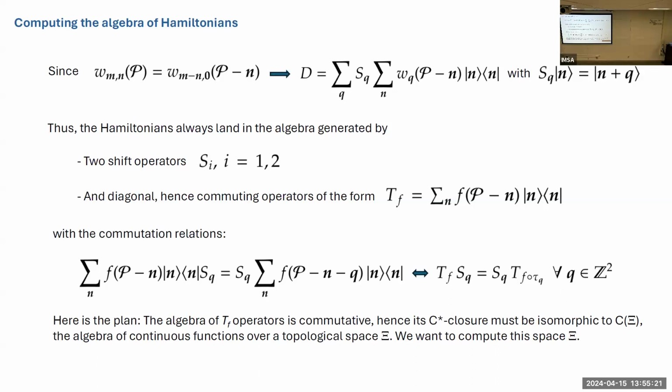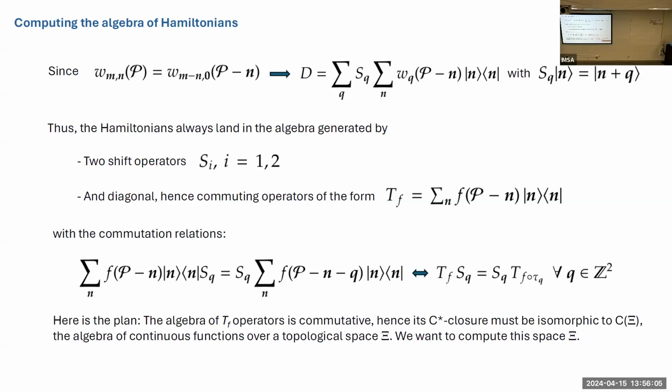So not only did we find the generators of this algebra, but also the commutation relations: S1 commutes with S2, and of course I already said that this one commutes. So now the plan really is like this. This guy here forms a commutative algebra. It should be isomorphic with the C-star algebra of continuous functions over some space, and we need to calculate that space.